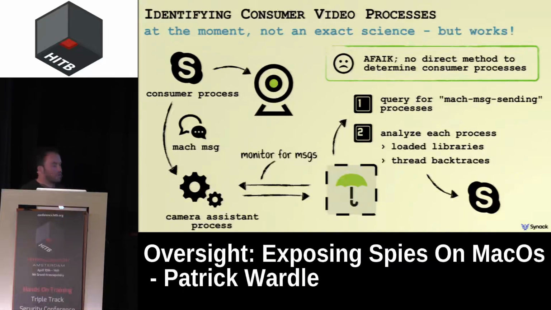So if we reverse engineer this whole process, we can kind of figure out what goes on under the hood. So say an application like Skype starts using the webcam. Once it's activated the webcam, the OS will actually send a mach message, which is just an IPC message, to the camera assistant process. So Oversight has now got the notification that the webcam is active. So what it can do is it can query the camera assistant process and see who sent it recent mach messages.